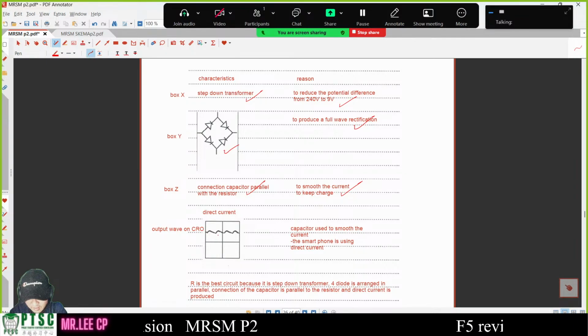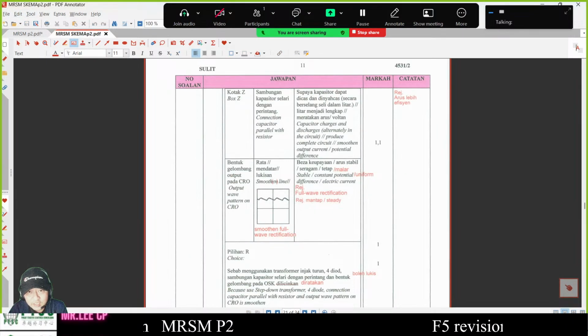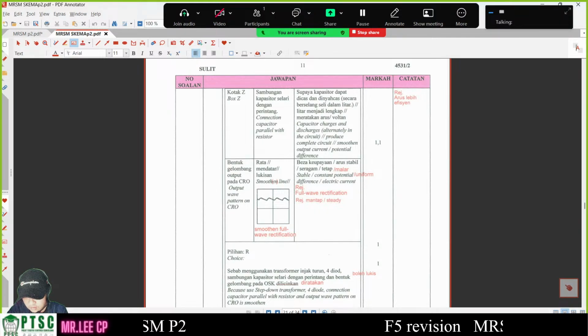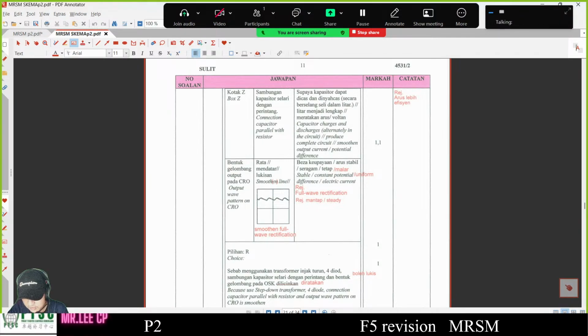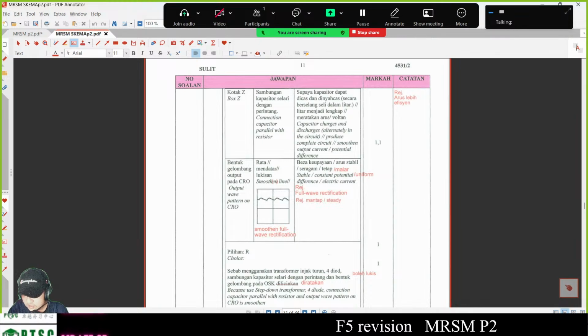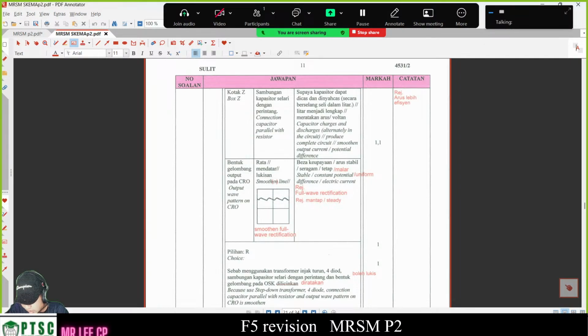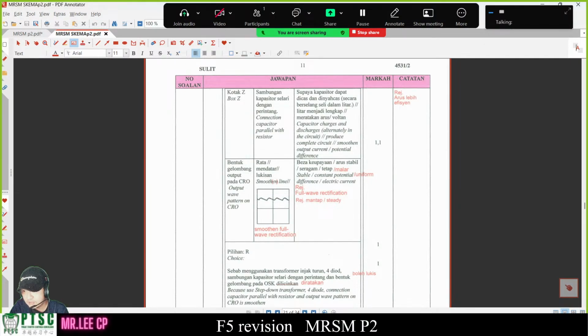So now the output wave, it is like that. Okay, they ask you to draw. Alright, smoothen line or drawing. Okay, so now stable, uniform, constant potential difference, uniform potential difference, or electric current. Right, stable. I didn't write it.